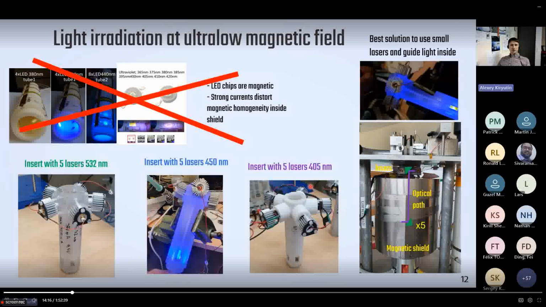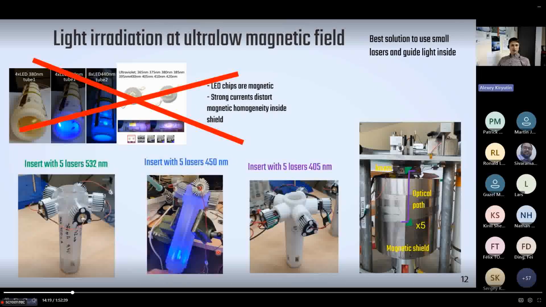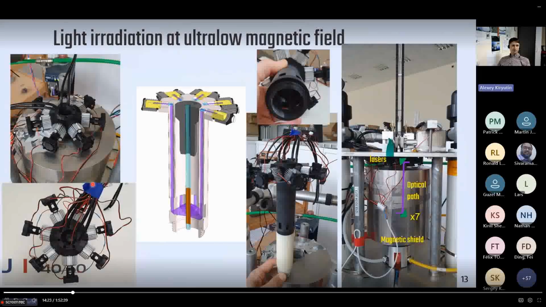Examples of such inserts are shown on the slide. At the first stage, I used 5 lasers, but in the final setup shown here, I used 7 high-power diode lasers with a wavelength of 450 nanometers to produce more light power. The total electrical power is 9 watts, and the optical output reaches 1.2 watts.